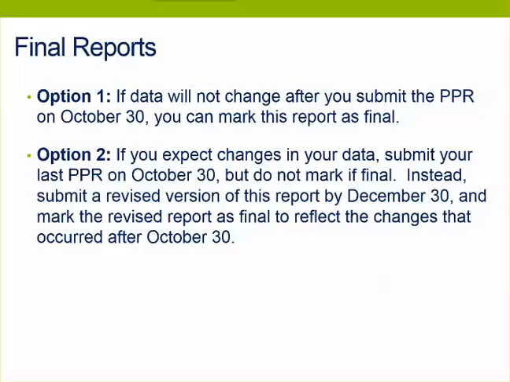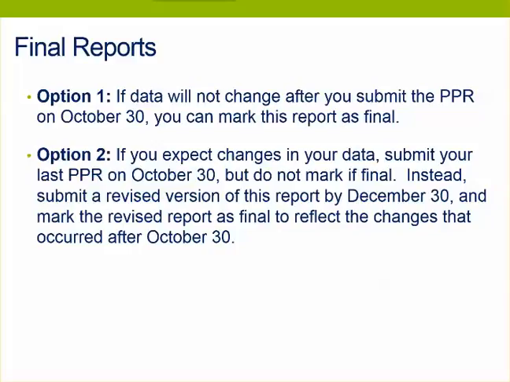But if you anticipate that you may have changes in your data, you will submit the report for this reporting period by October 30th, like you would for any PPR. And then you'll create a revised report in OLDC, and that will be the final report you submit. So an example of a situation where your data may change is if you anticipate additional jobs for individuals with low income being created between October and December 30th.